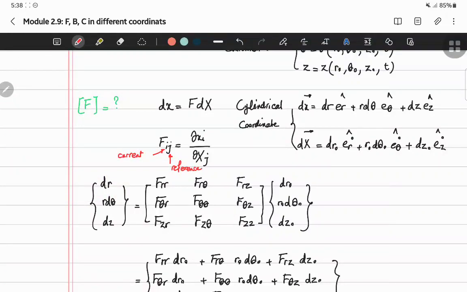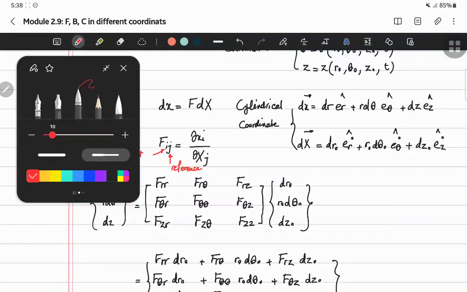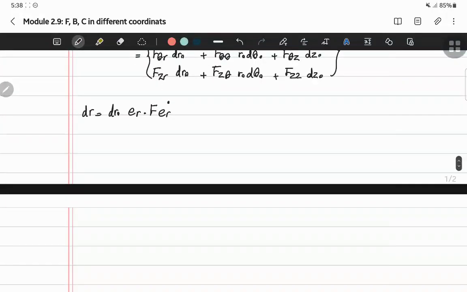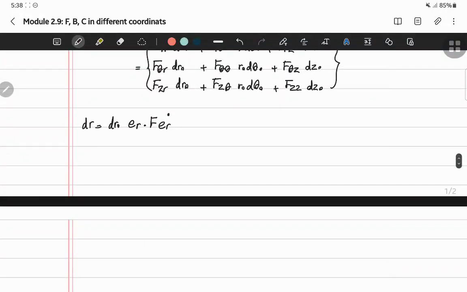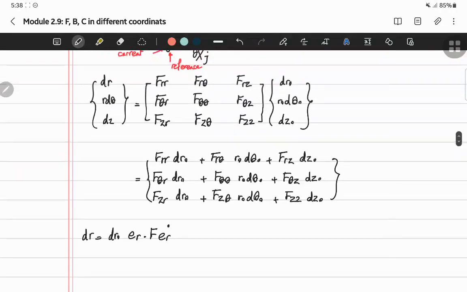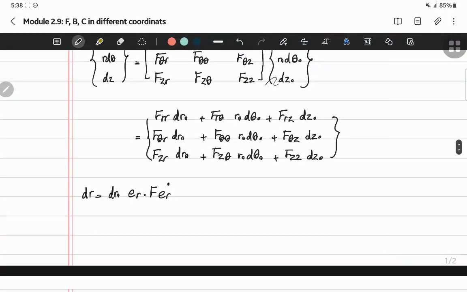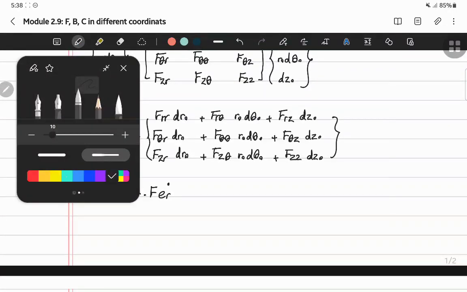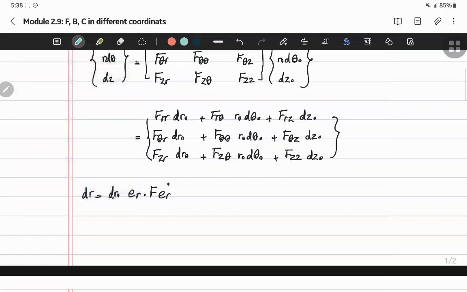That's why we are right here e_R. The first one is for the current configuration, and the second one is for the reference configuration.